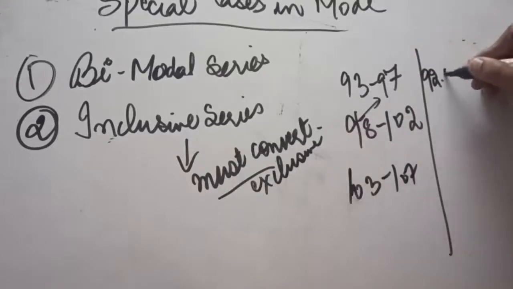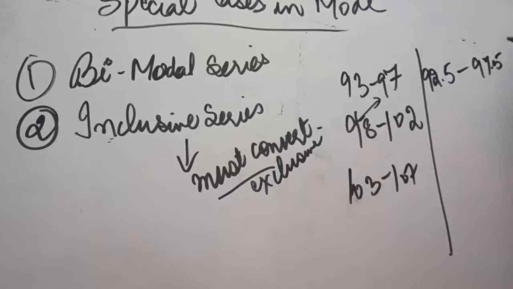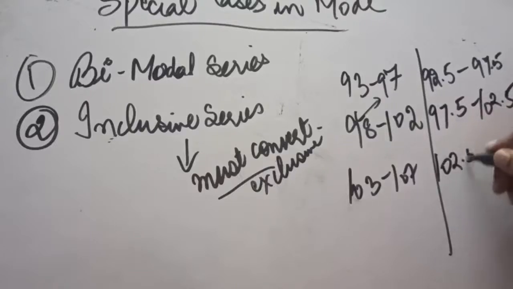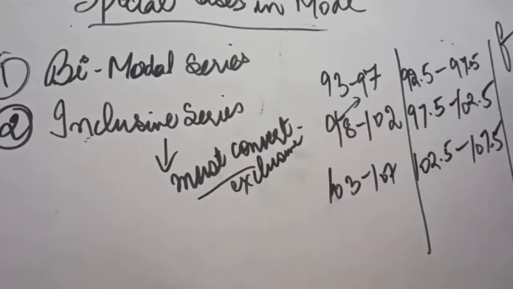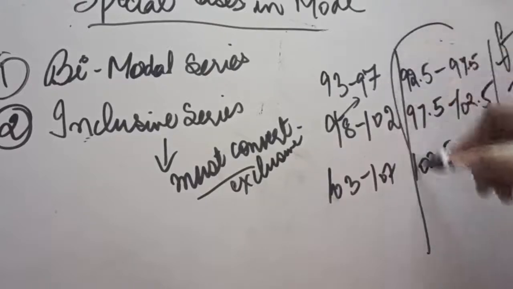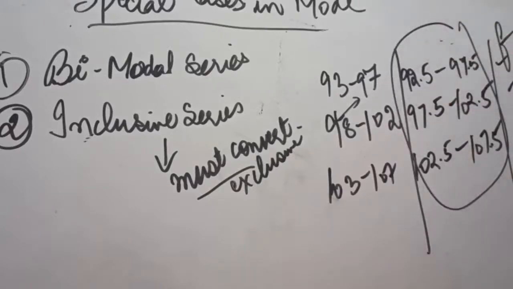So my exclusive class intervals will be like this: 92.5 to 97.5, next will be 97.5 to 102.5, 102.5 to 107.5, and it will not make any difference in the frequency. Frequency will remain the same, whatever is given to you in the question. So whenever an inclusive series has been given, it is necessary to convert the series into an exclusive series.